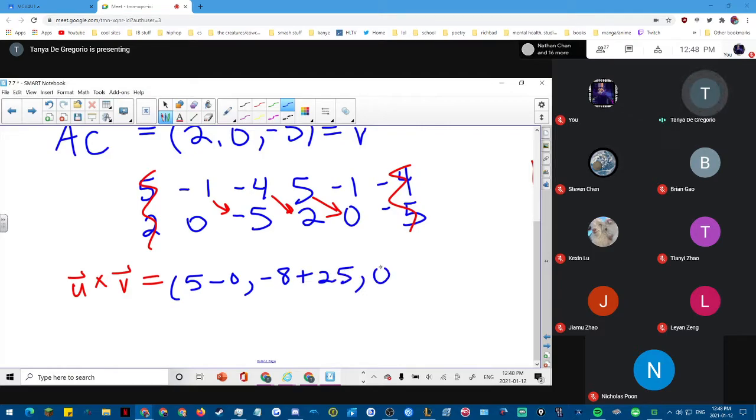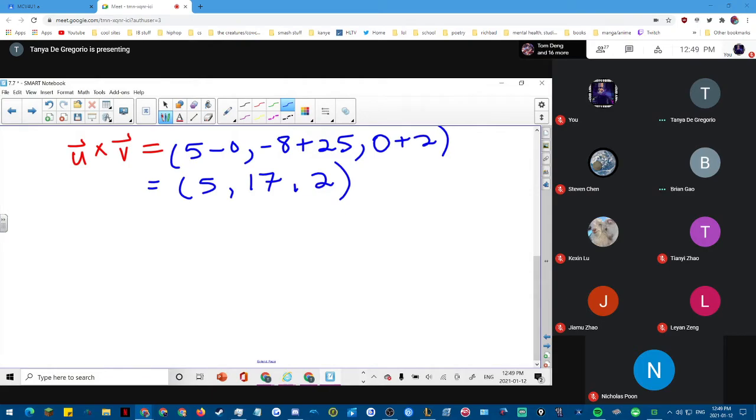And then I have 0 minus negative 2. Okay, so I have my cross product. And now I want what? Half the magnitude of that. Yeah, I want half the magnitude, to get the triangle.